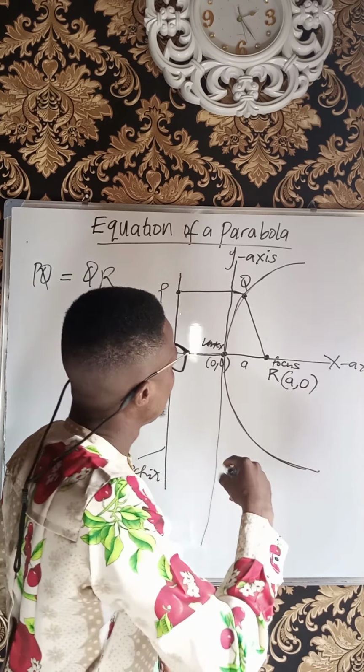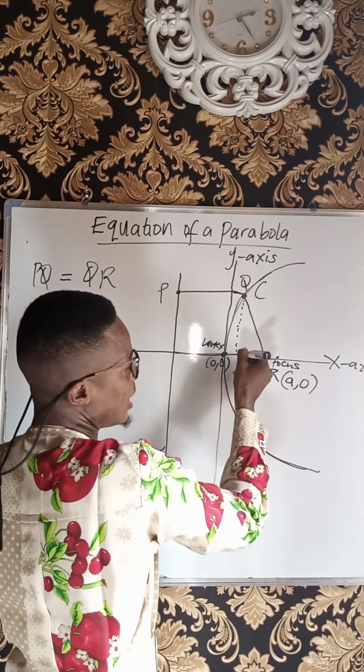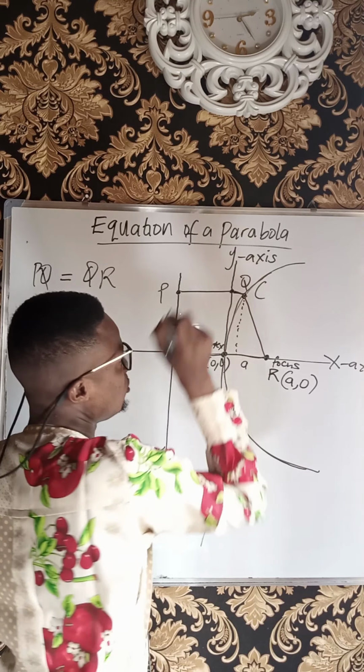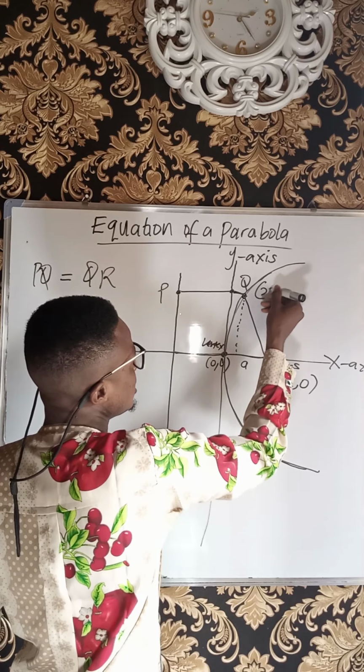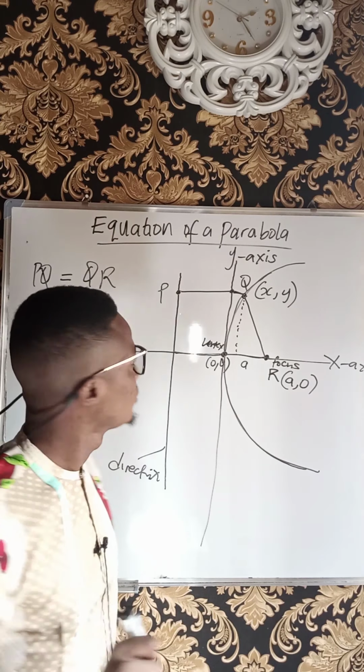Now, the coordinate of this particular point Q: I don't know the value of x here, and also I don't know the value of y here, so I can simply call it (x, y).